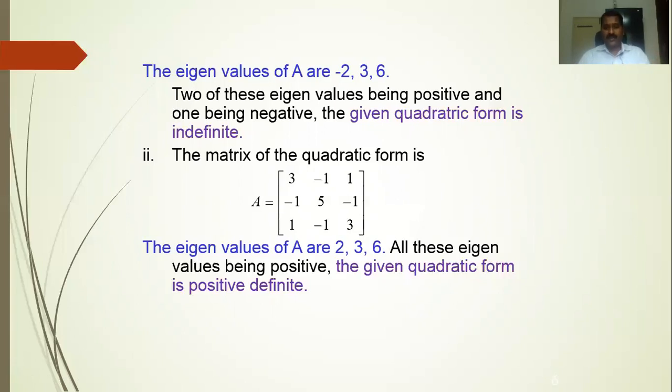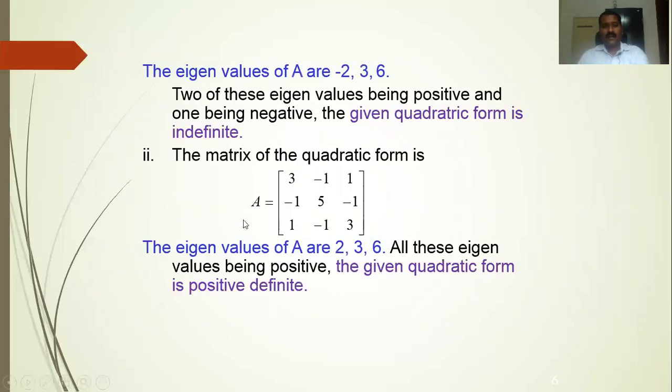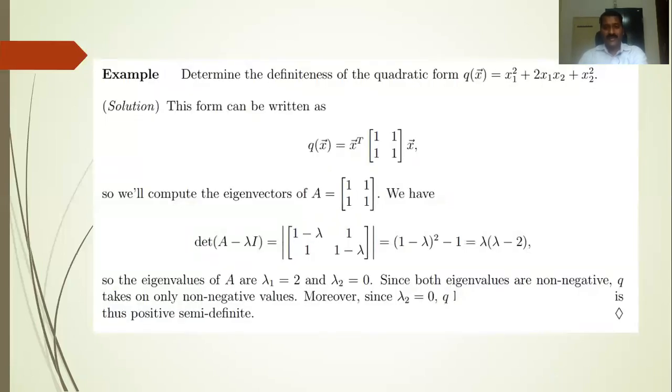Now you come to the second one here. Its eigenvalues are 2, 3, 6. What is its definiteness? Positive definite. What is the rank? 3. What is the index? The number of lambda greater than 0, so its index is 3. What is its signature? 3. You come to this example.